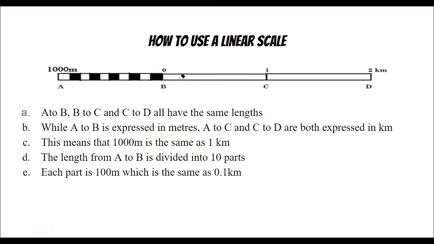So even though A to B looks a little different and a different unit is being used, it is the same length. All right, so what this is showing us is that since B to C is 1 kilometer and A to B is 1,000 meters, it means that 1,000 meters is the same as 1 kilometer.